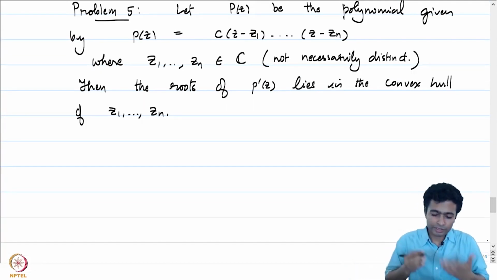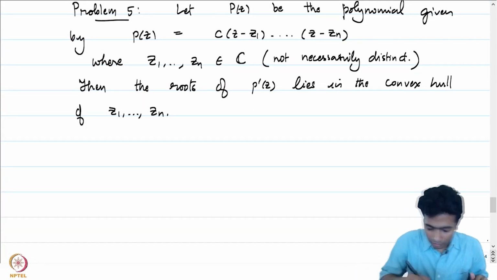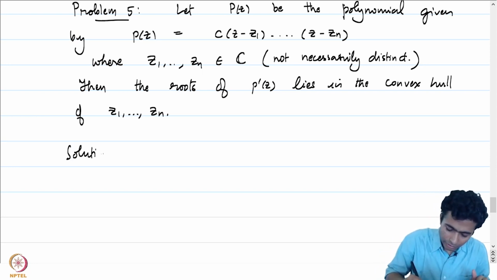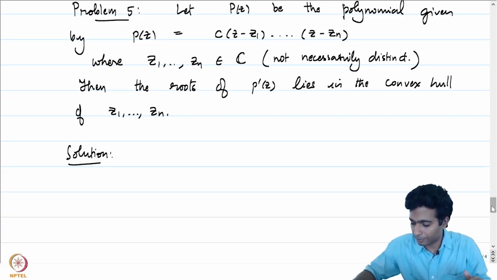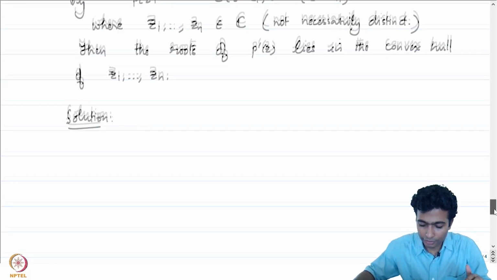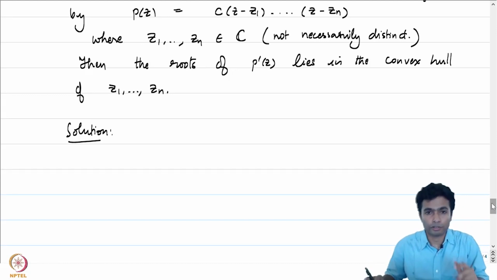So to do this, let's give a solution to the problem. The first thing we will have to do is to consider the product rule, the Leibniz rule, which we know works on the product of functions.